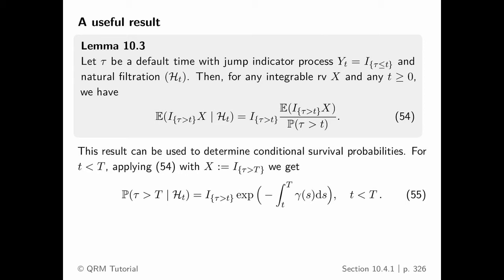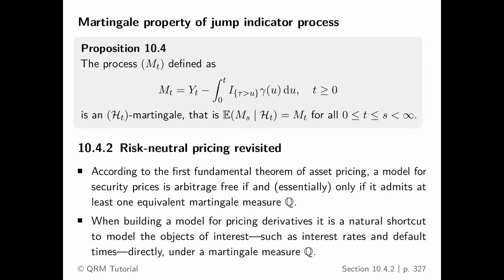And the probability is the indicator that tau is bigger than t times this integral from small t to capital T over the hazard rate. This is a formula we will sometimes use. The next slide about the martingale property of the jump indicator process we can skip. This is not really needed for us here.